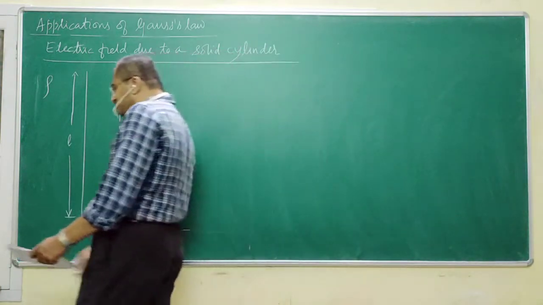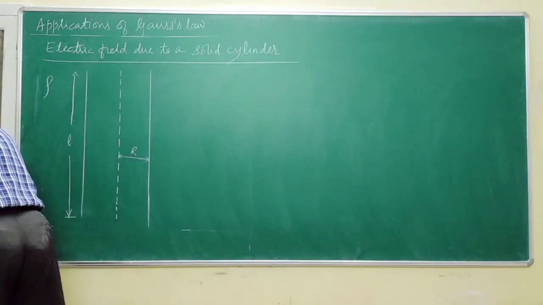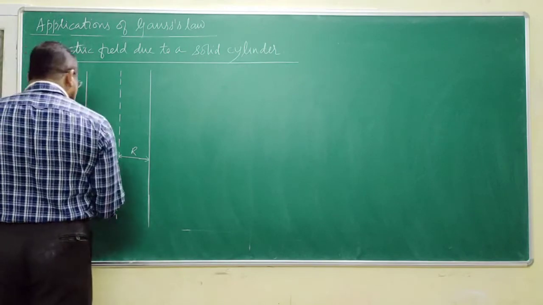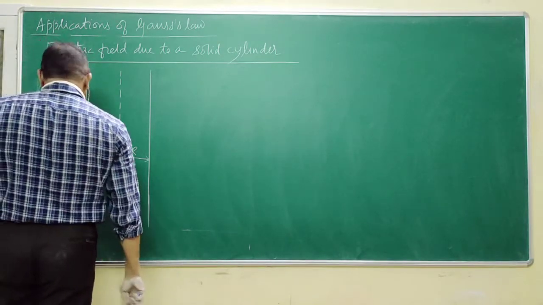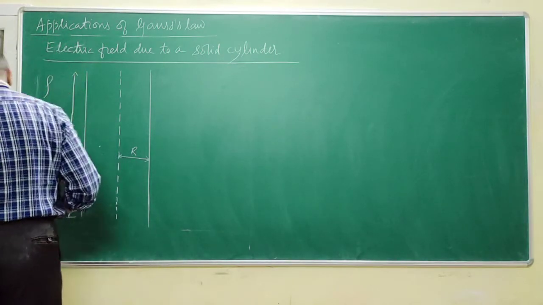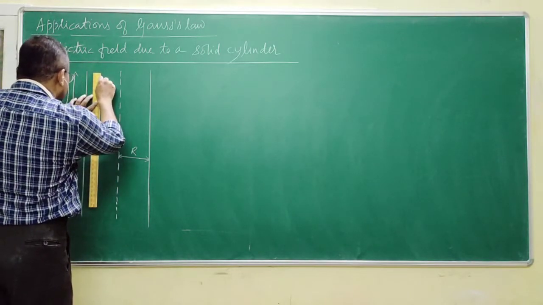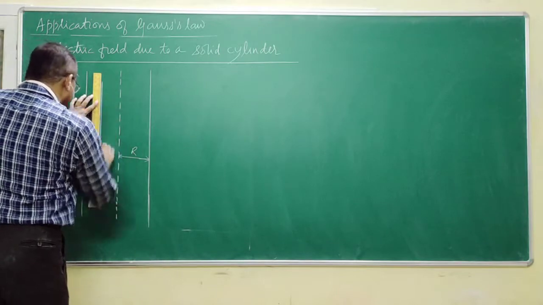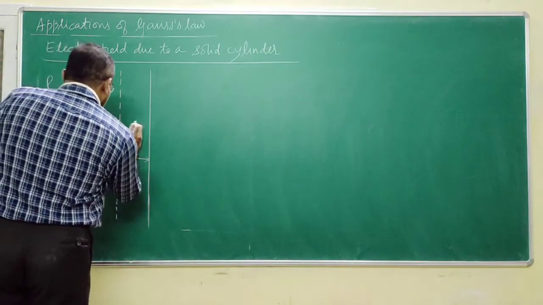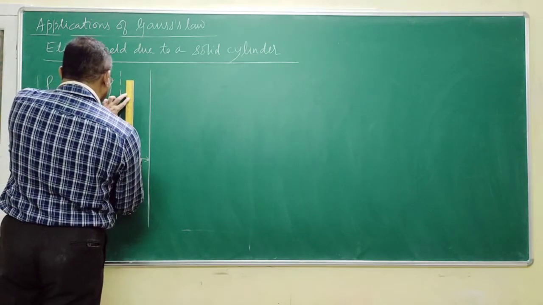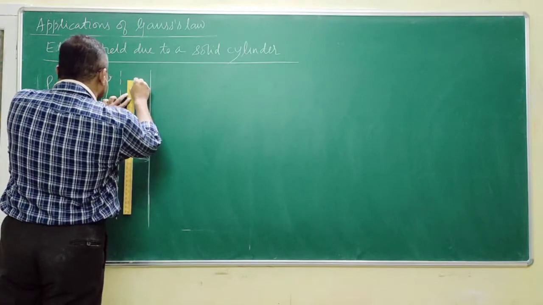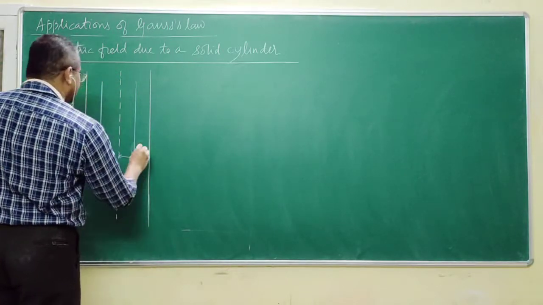We are given some point inside the cylinder where we want to find the electric field intensity. Therefore, I construct a Gaussian surface such that it passes through that point.